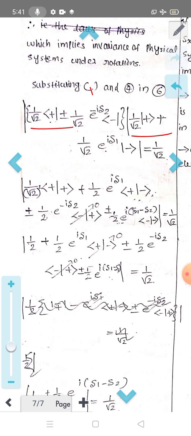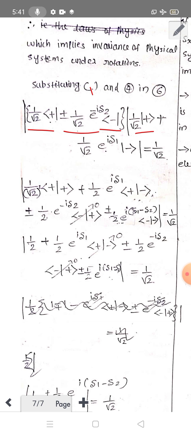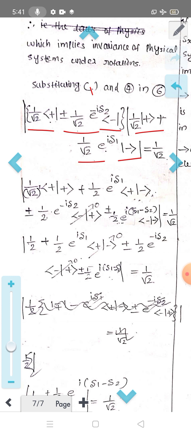So substituting 1 and 4 in equation 6, we will get the modulus of [1/√2 ⟨+| plus or minus 1/√2 e^(-iδ2) ⟨-|] [1/√2 |+⟩ plus 1/√2 e^(iδ1) |-⟩], which is equal to 1/√2. Now we are going to expand this.